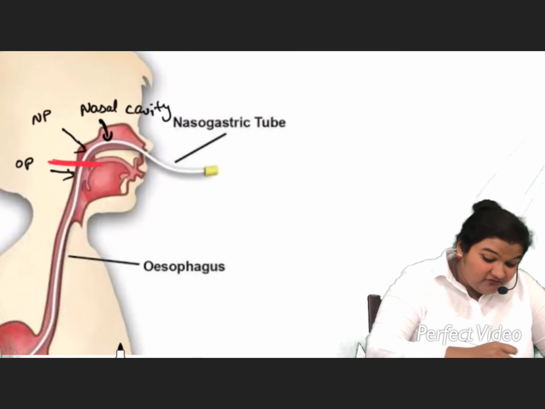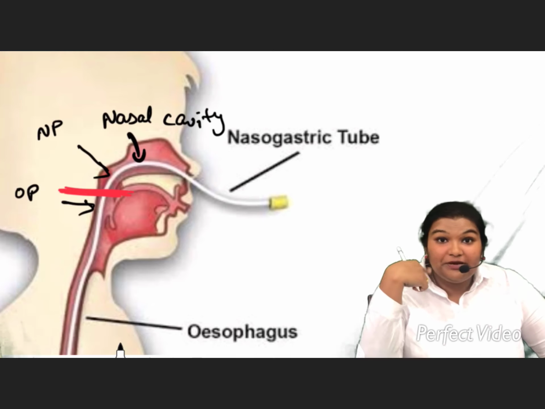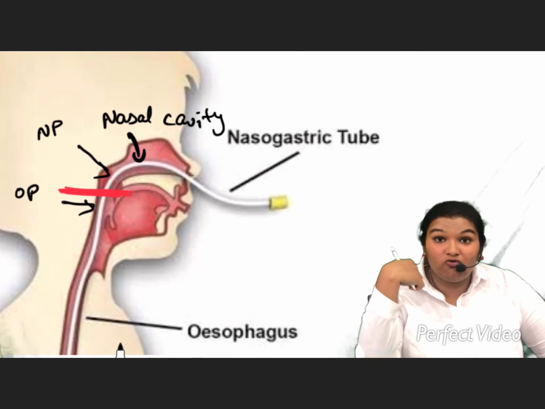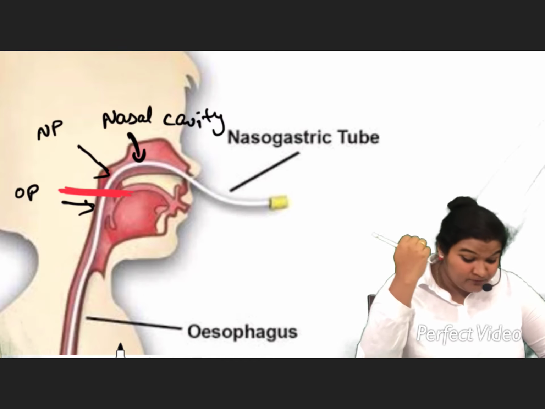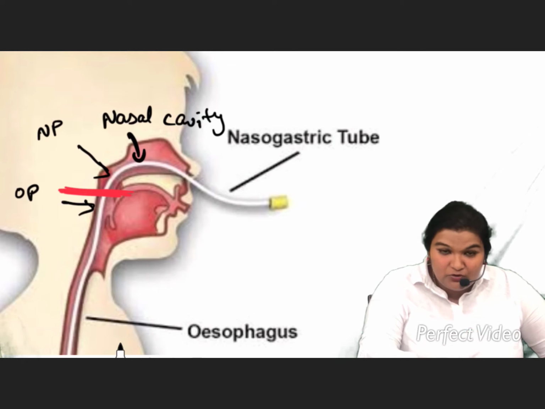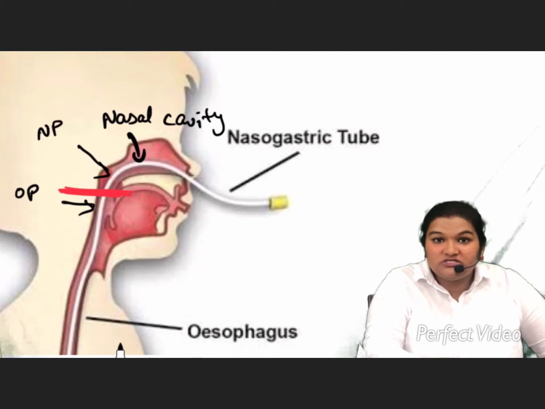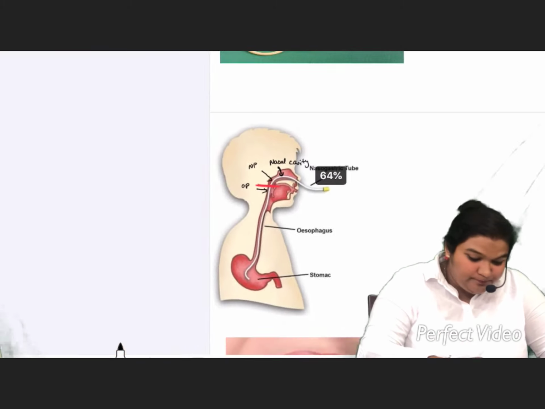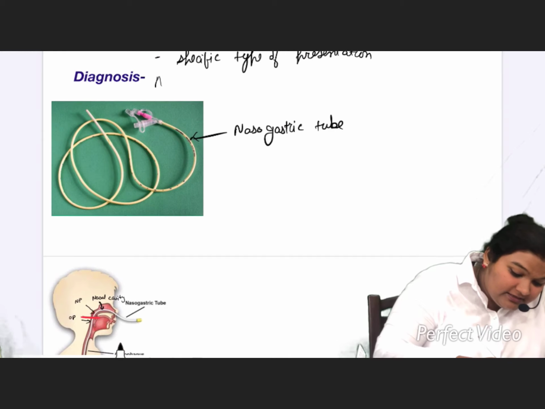But when you have a membrane present over here, the tube fails to enter the oropharynx, and you can't see the tube inside the mouth. Hence, if there is an absence of the tube seen through the mouth, it is a properly diagnosed case of choanal atresia. So how will you write it down in the diagnosis?